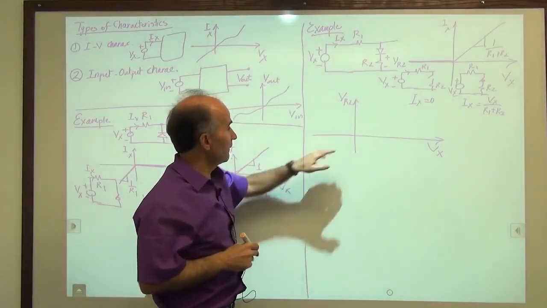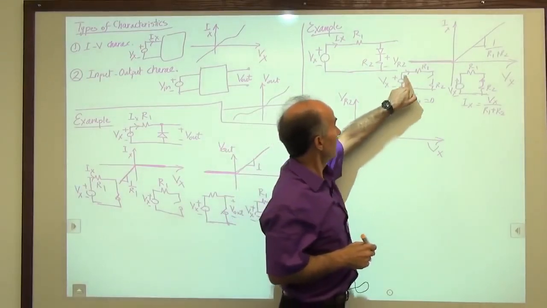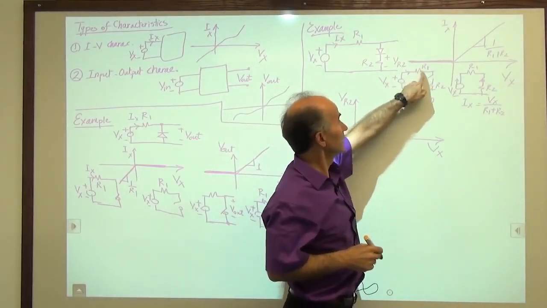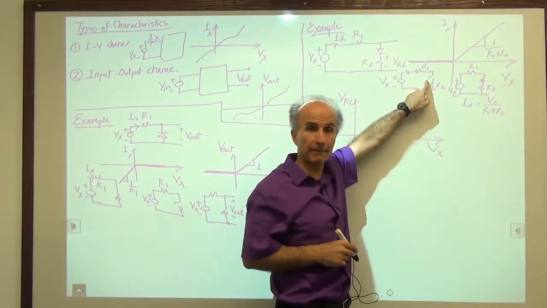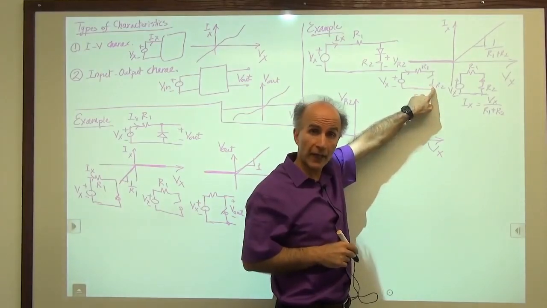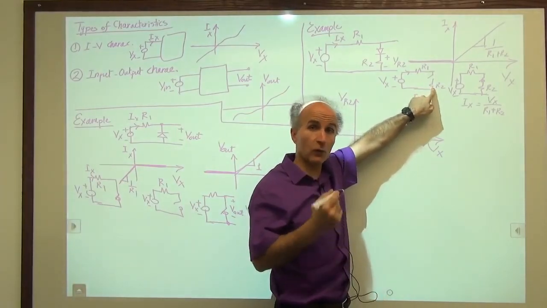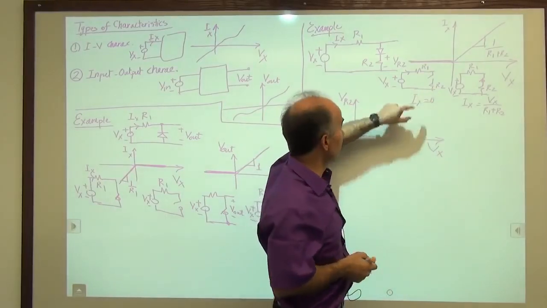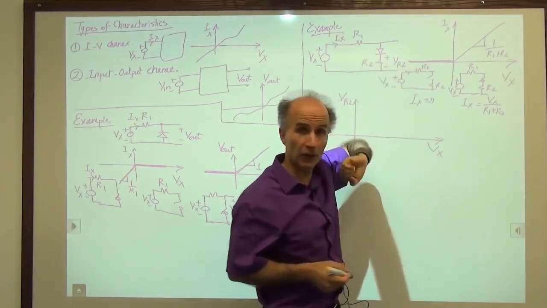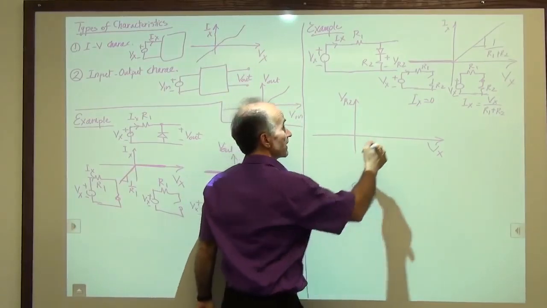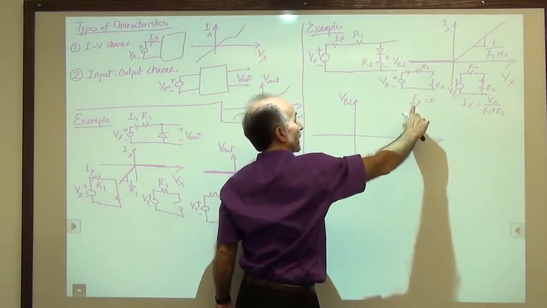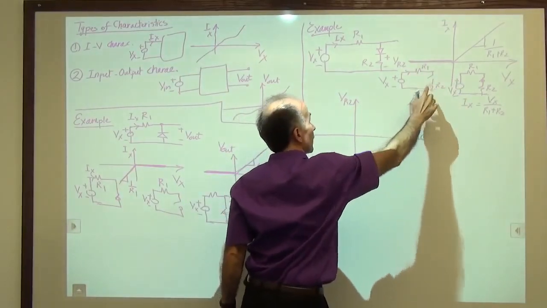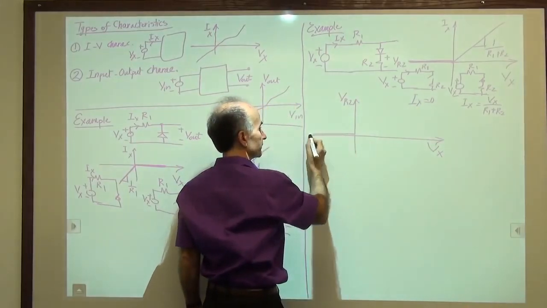Okay, when Vx is negative, we see that there is no current in the circuit because there's an open circuit here. Therefore, R2 has no current, which means it has no voltage drop across it from Ohm's law. That means that this voltage is 0. So long as Vx is negative and Ix is 0, VR2 is also 0.